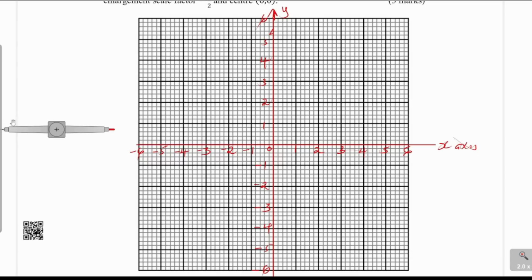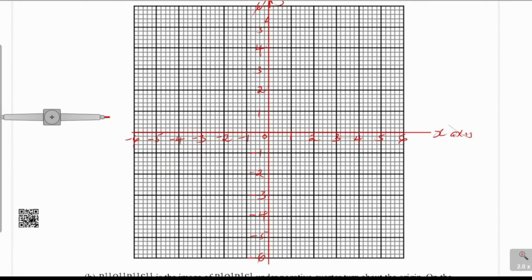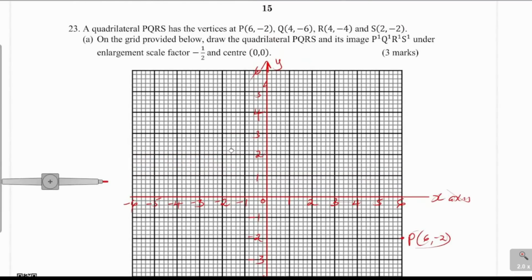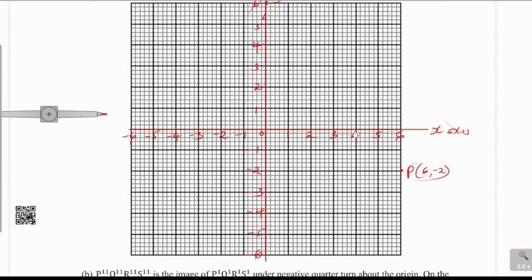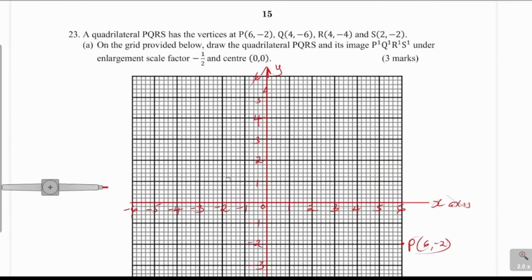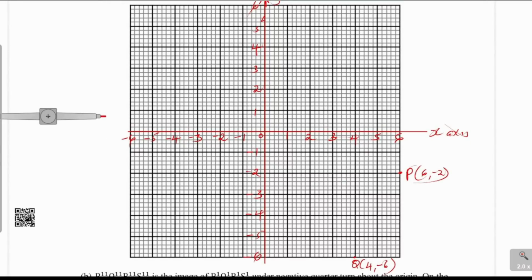So the first one is P (6, -2). So 6 and -2 is here. So this is where we have P. The next one is Q (4, -6). So we have 4, -6 is here. The next one is R (4, -4). 4, -4 is here.